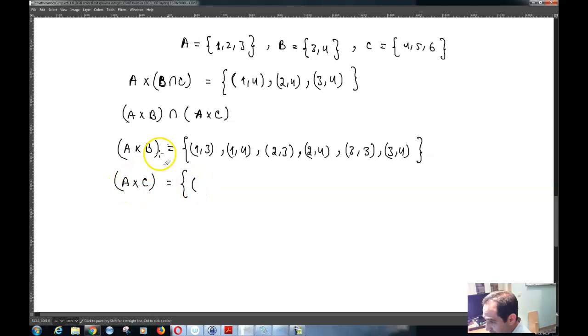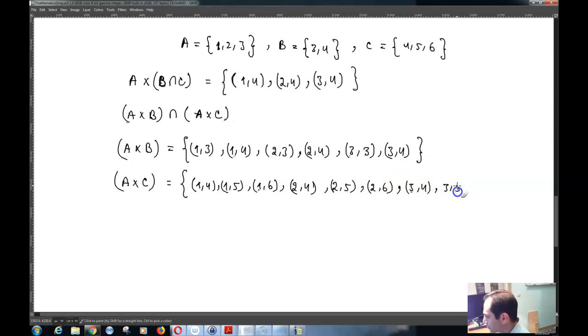So take your first element from A and C: 1, 4, 1, 5, 1, 6, and then 2, 4, 2, 5, 2, 6, and then 3, 4, 3, 5, and 3, 6.